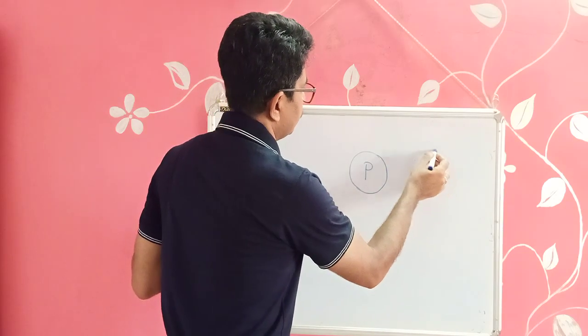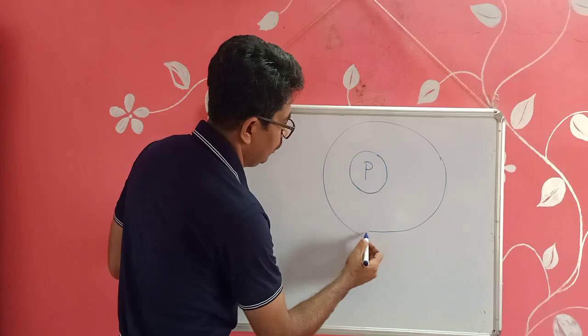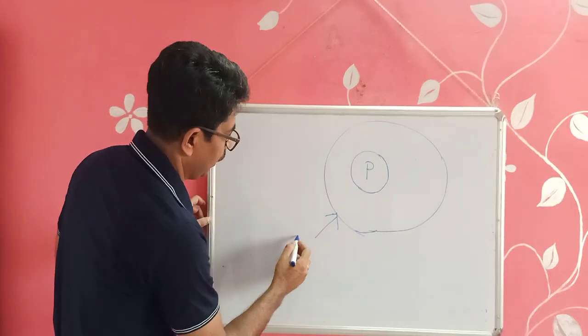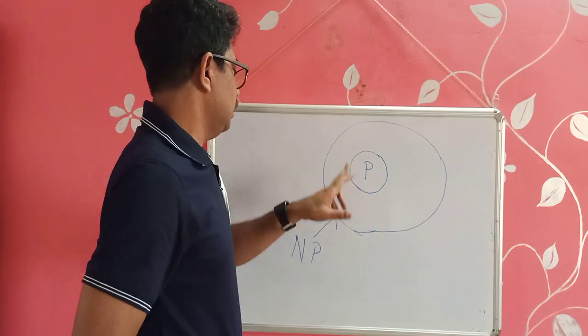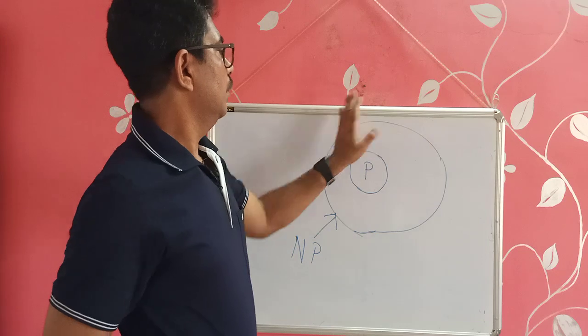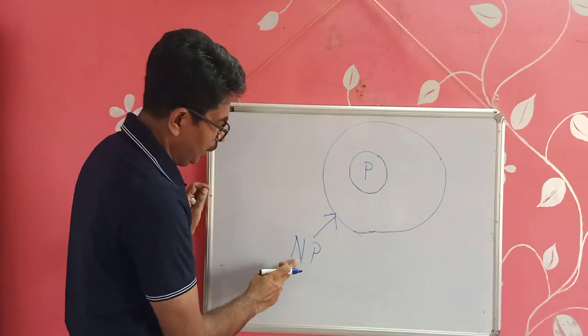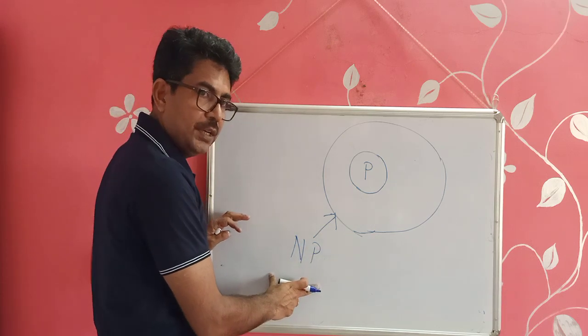Now we have another class of problems known as the NP class. NP means there are problems where a non-deterministic polynomial time algorithm exists.